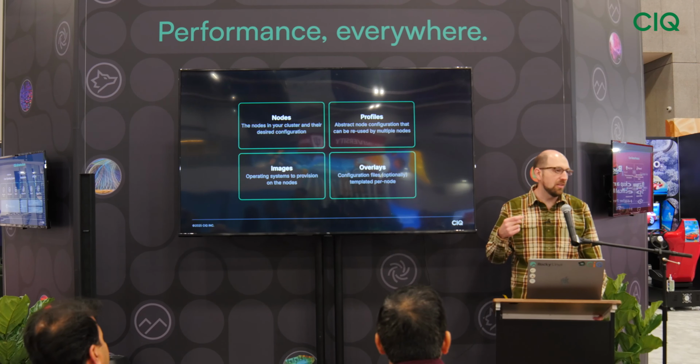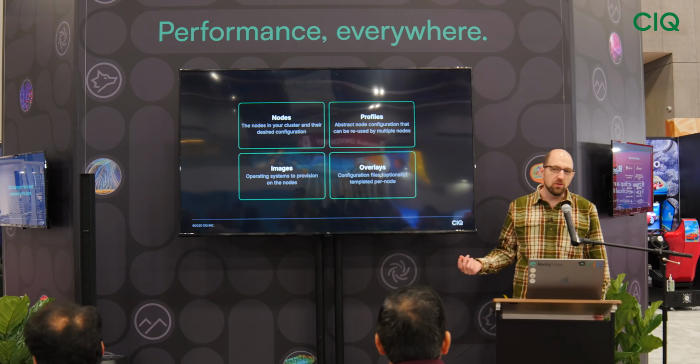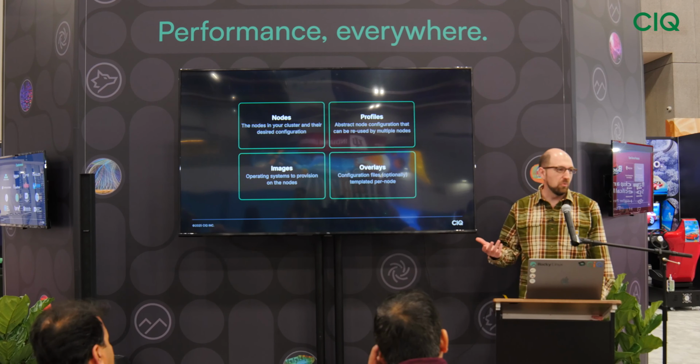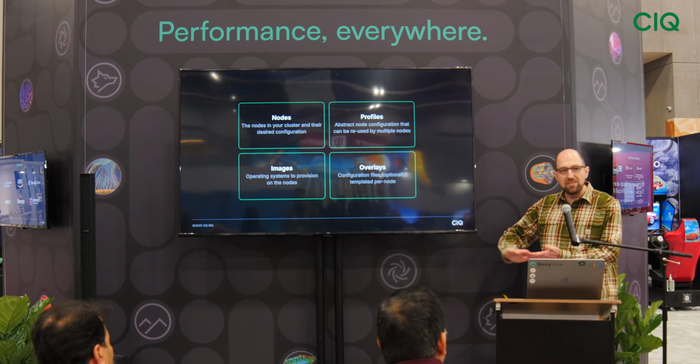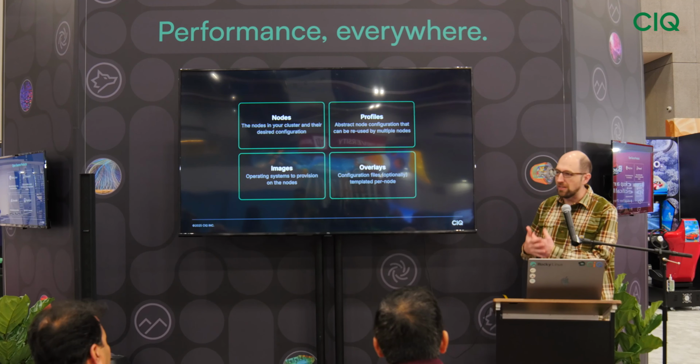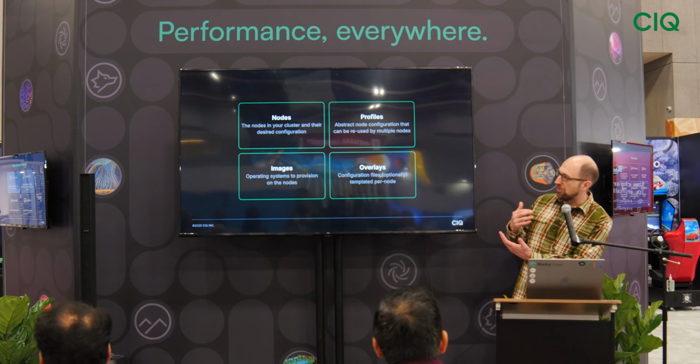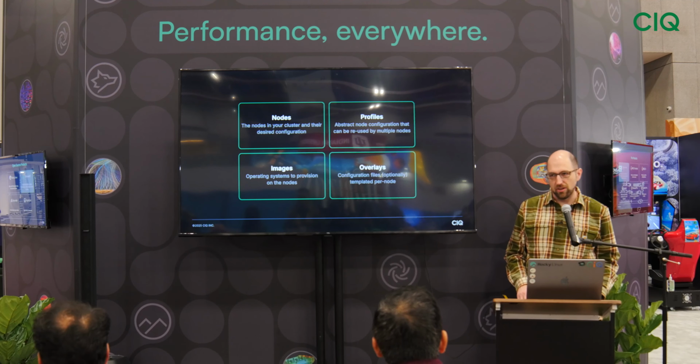So if there are things that configure that node differently than other nodes in your cluster, that is expressed as a template, and then when you build that overlay, it gets mixed into your image when the node boots. And so the final state that the node has is a combination of the operating system image and the overlays that are configured for it.